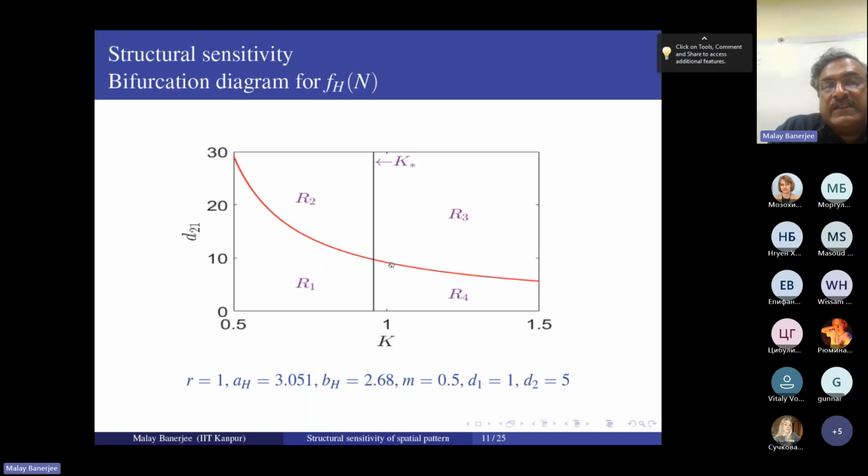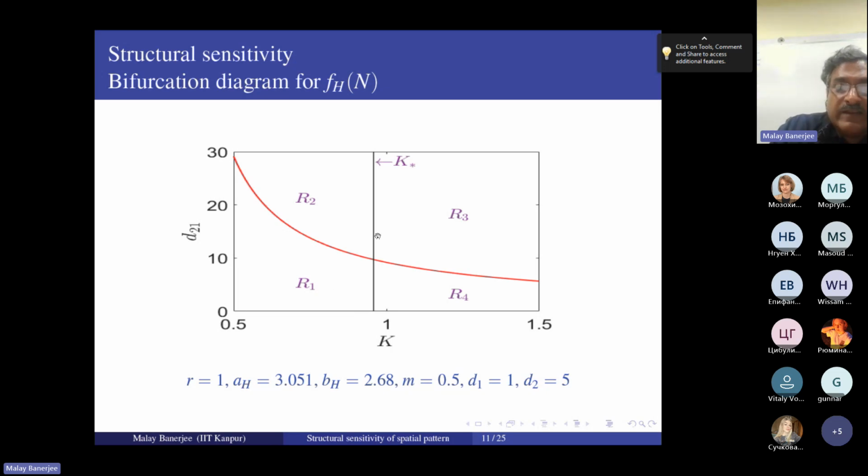So the homogeneous steady state is unstable for parameter values above this curve, and heterogeneous perturbation around the homogeneous steady state is stable if we choose the parameter value below this red curve. The homogeneous steady state is stable under temporal perturbation if we consider values of k on the left of this vertical line, and it is unstable on the right of this vertical line.